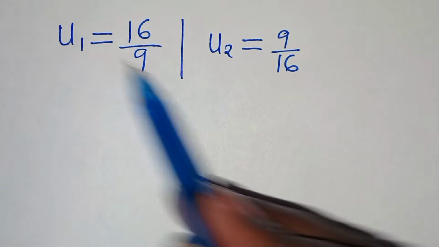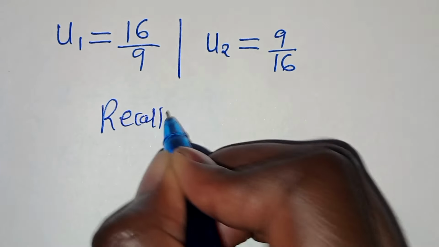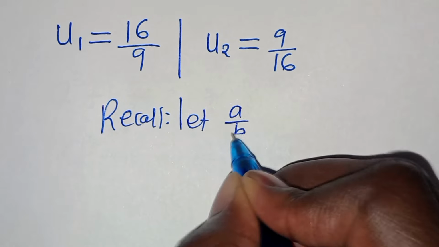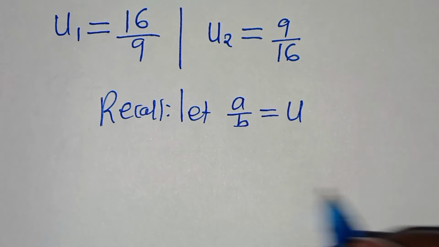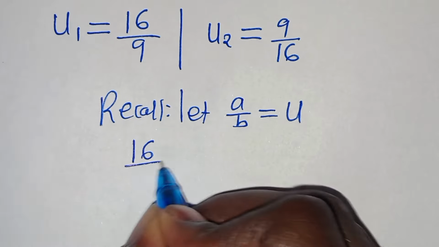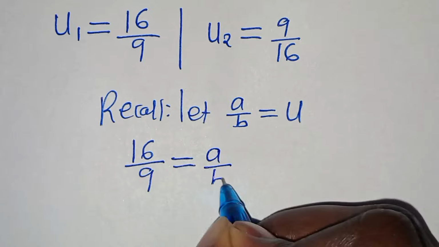Now we have u1 and u2 from here. And if you recall, we assumed that let a over b be equal to u. This means that 16 over 9 is equal to a over b.